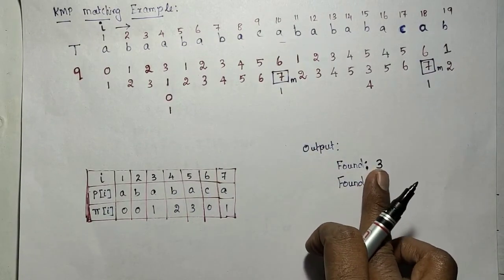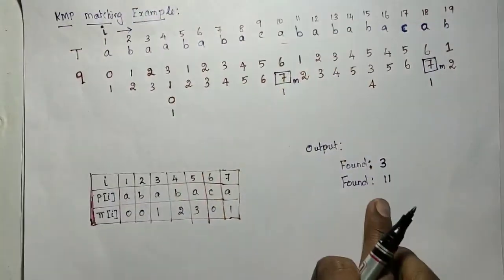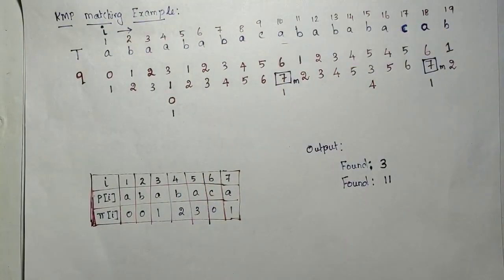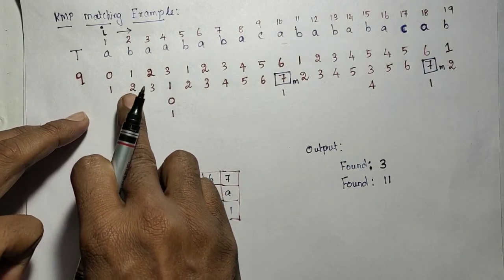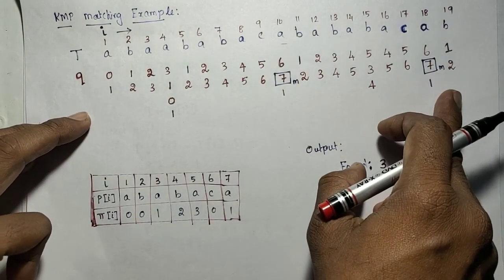So it will print the result: found at shift 3, and at shift 11 we will obtain the pattern. The number of iterations is N iterations.